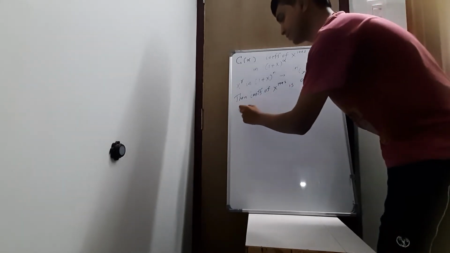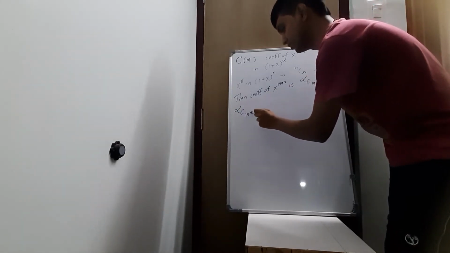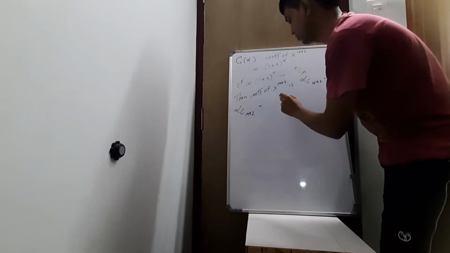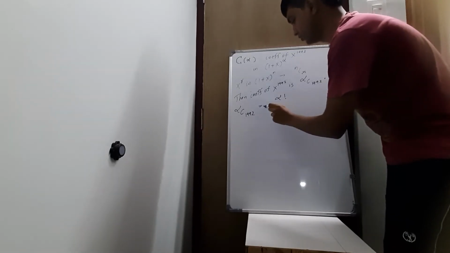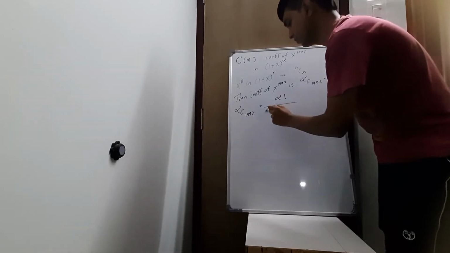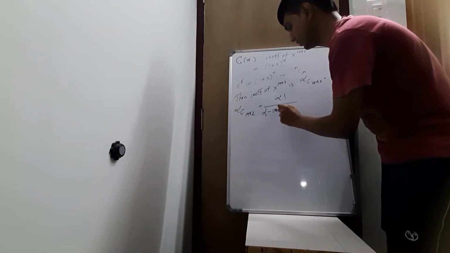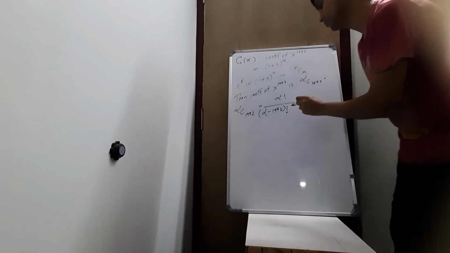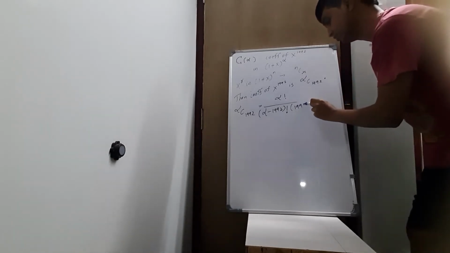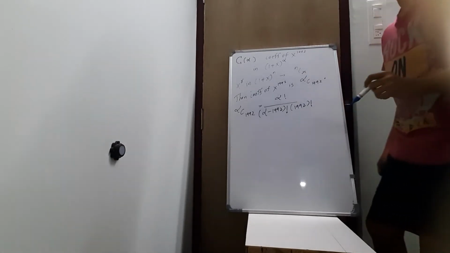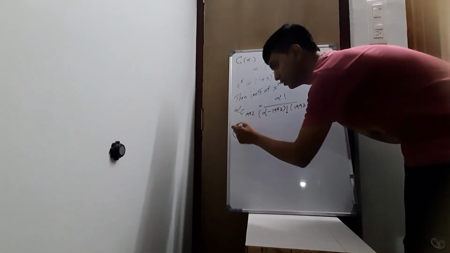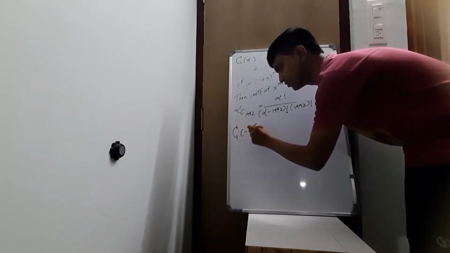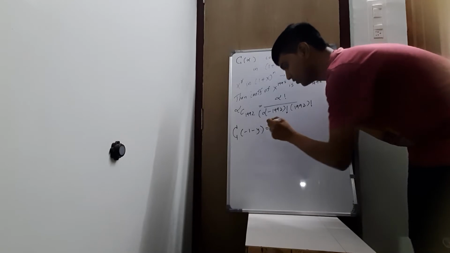Now alpha C 1992 is nothing but alpha factorial divided by (alpha minus 1992) factorial times 1992 factorial.